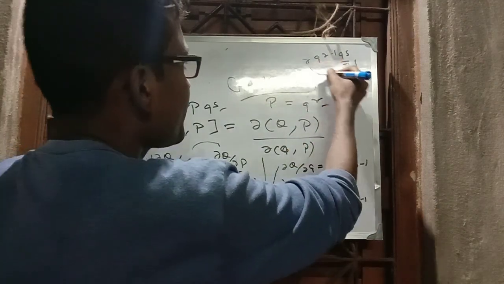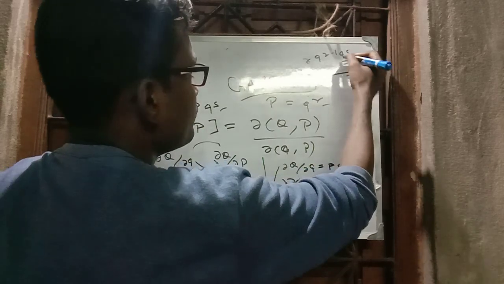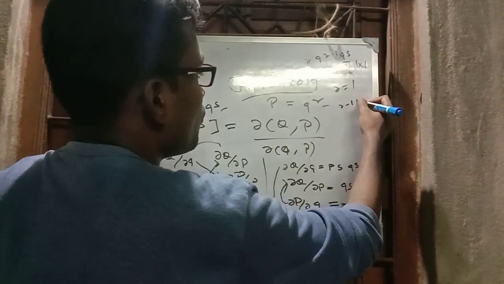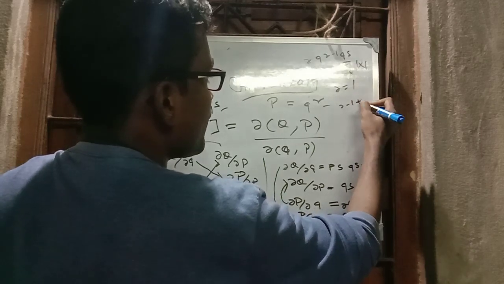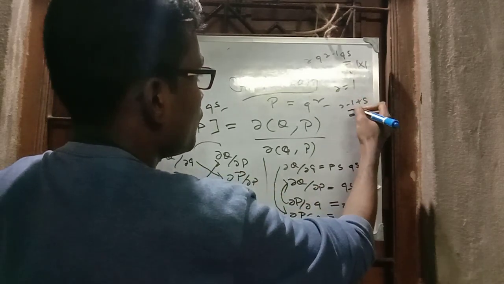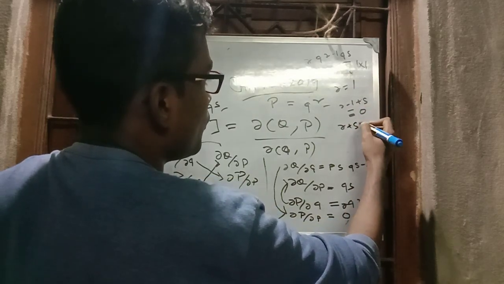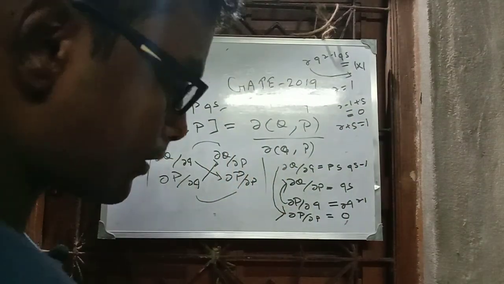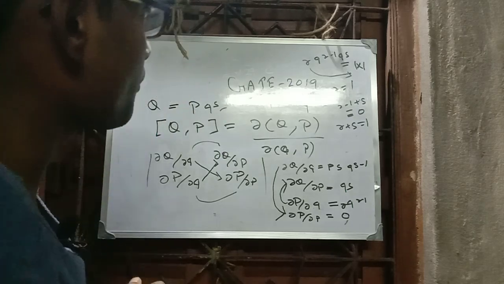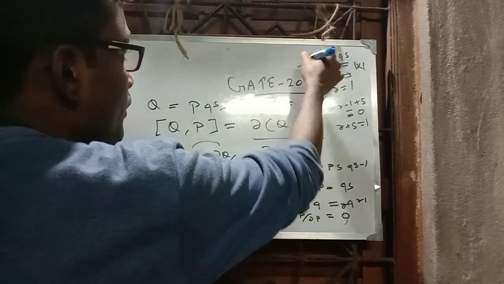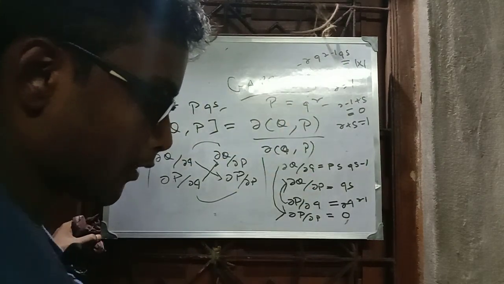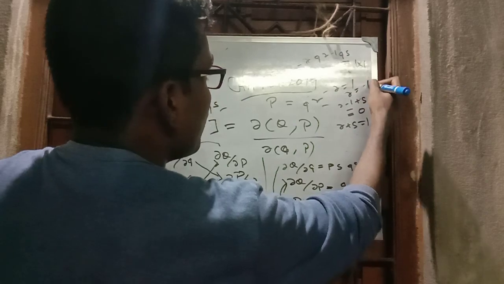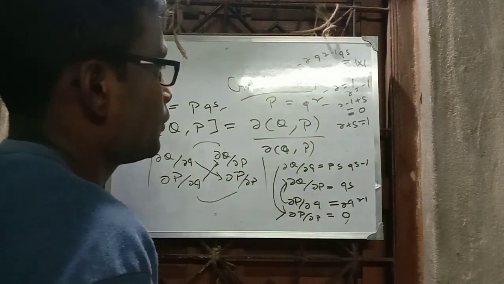Comparing, minus R equal to 1, so R equal to minus 1, and R minus 1 plus S equal to 1 to the power 0, that means 0, so R plus S equal to 1.